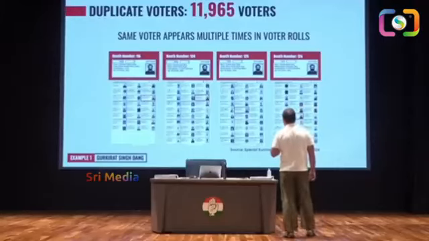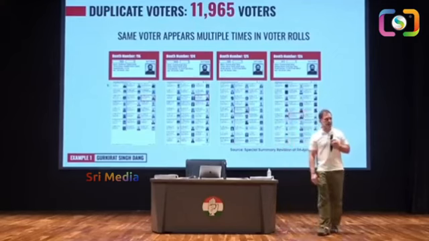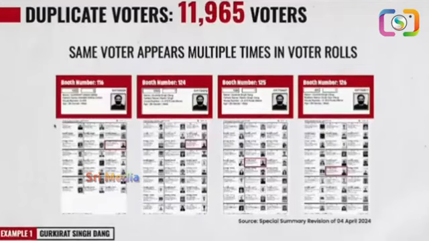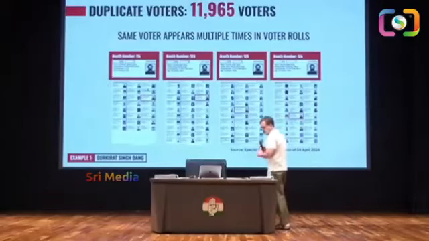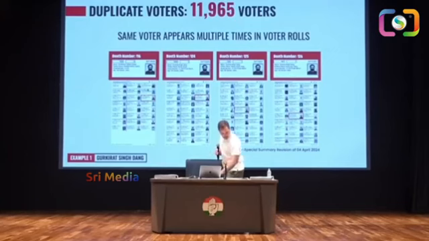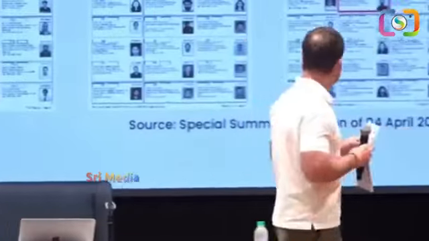Here is a duplicate voter. There are 11,965 voters of this type. This is the gentleman called Gurkirat Singh Dang. Here he is. Can you zoom in?